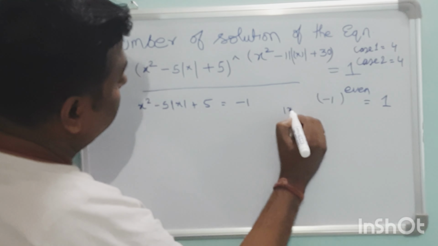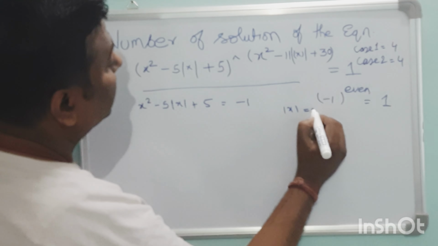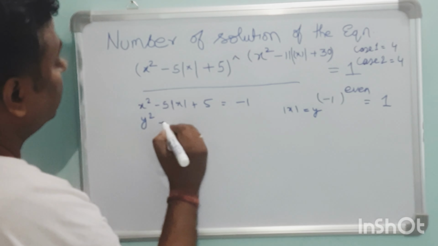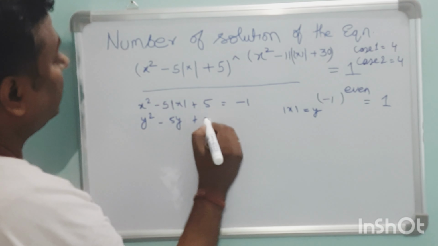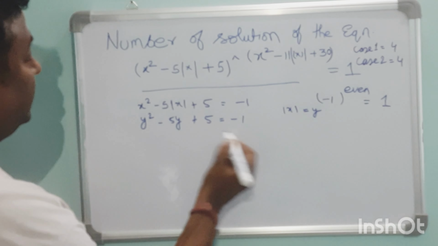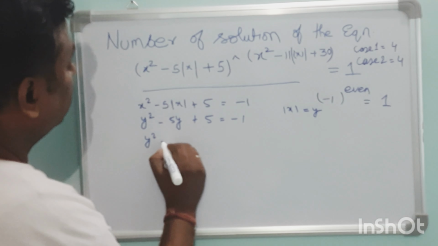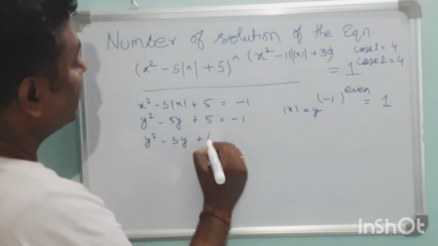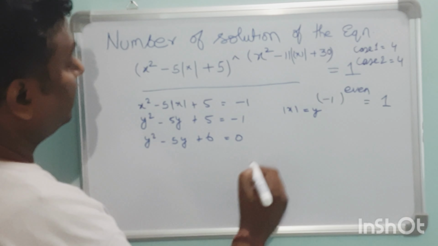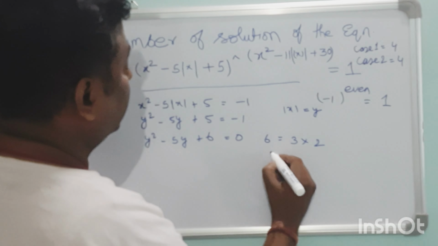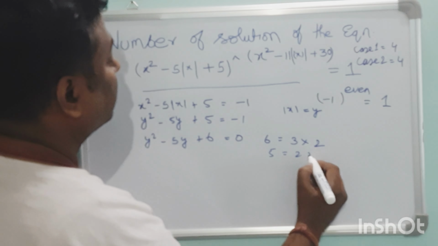If I put mod x equal to y, then I can say y square minus 5y plus 5 equals minus 1, correct? Now I can convert it into y square minus 5y plus 6 equals 0. 6 can be written as 2 into 3, and 5 here is 2 plus 3.